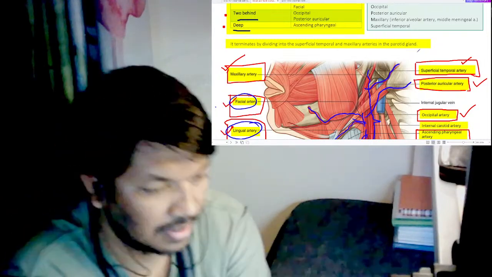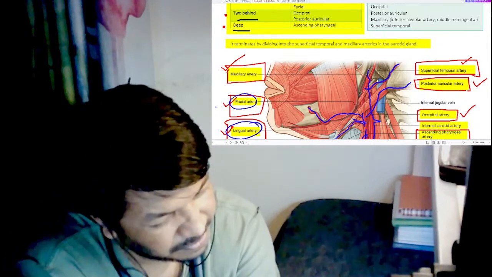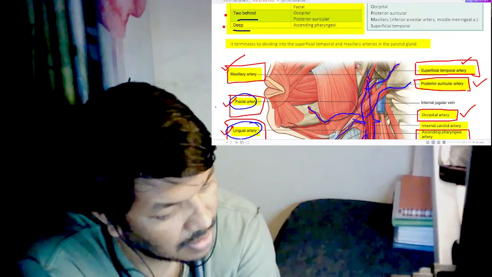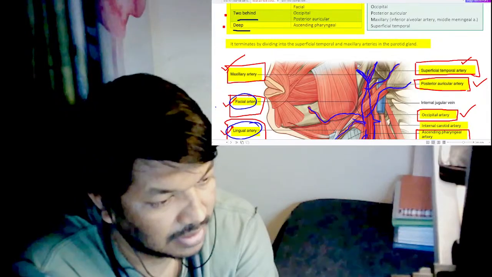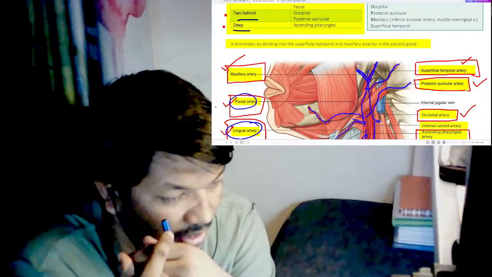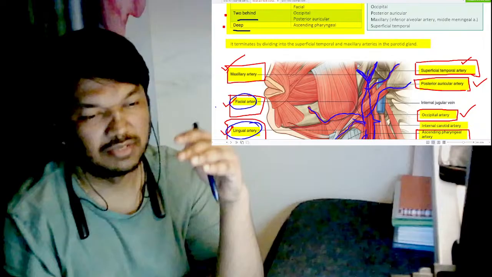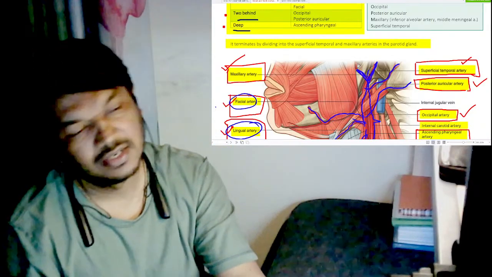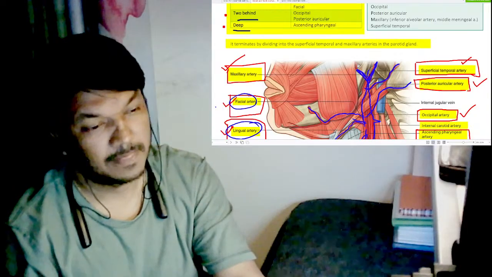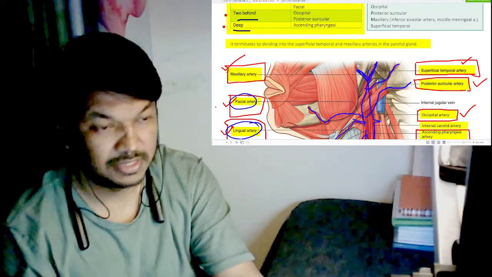Then external carotid artery is terminating into two branches. I mean, external carotid artery will finish by dividing into two arteries. One is deep. Deep is the ascending pharyngeal artery.